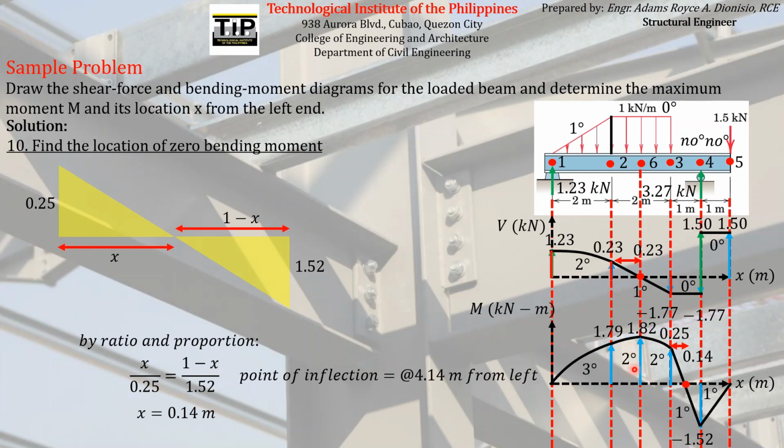And the magnitude of the bending moment at that particular location is 1.82. Therefore, the maximum bending moment acting on the whole beam loaded by these loadings is just 1.82 kilonewton meters, located 2.23 meters from the left end. So that is the answer for the question.